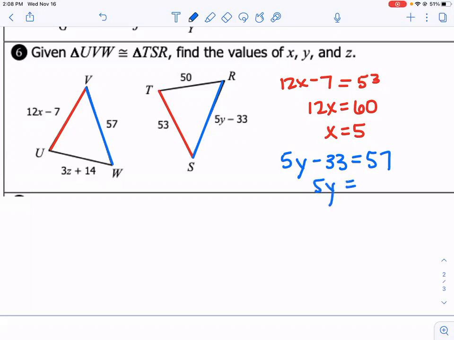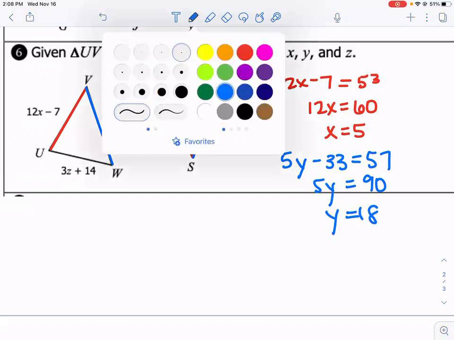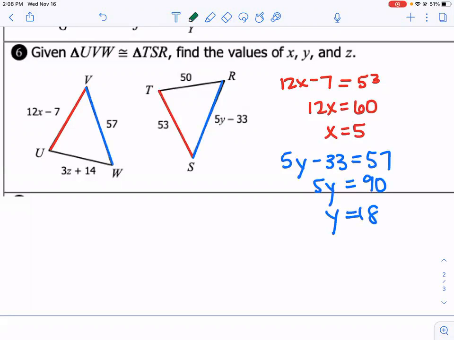So 5y equals 90, which means y equals 18. So 3z plus 14 should equal. So 3z equals 36.